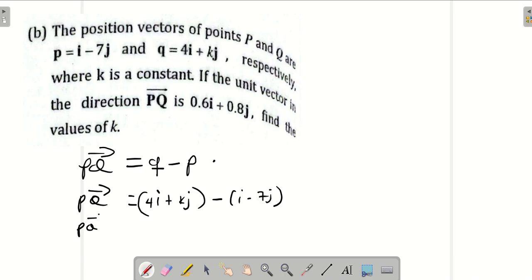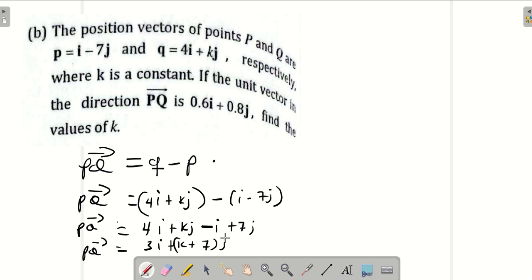So we have PQ equal to 4I plus kj minus I plus 7j. So PQ equals 4I minus I, then kj plus 7j, which is K plus 7, all J. Are we okay? That's all. So we have 3I plus K plus 7 J. That's it. Good.